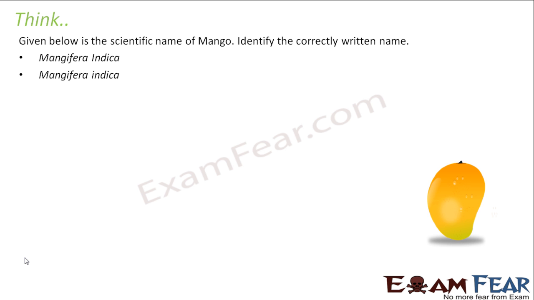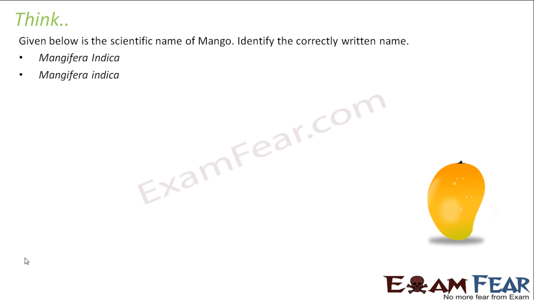the scientific name should always be written in italics or it should be underlined. So here if you see, it is written in italics. It consists of two parts. The first one is the generic name. The second one is the specific epithet. So here in both the names, you see both of them are present and they are correct. There was another rule which said that the generic name should start with a capital letter.